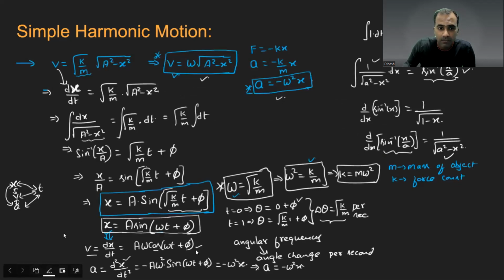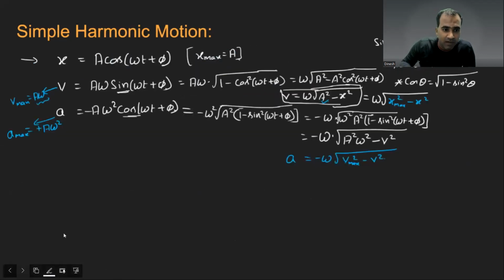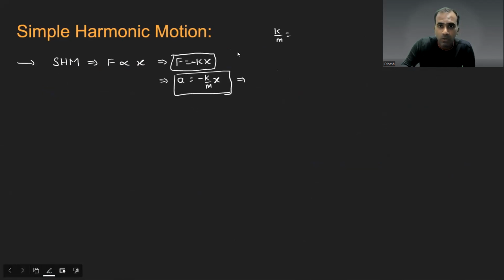Omega square. Very good. Omega square is k by m. We have derived that yesterday. So next time onwards, whenever you see k by m, you can replace it with omega square. What is omega? Angular frequency, right? So we can write a equal to minus omega square into x.